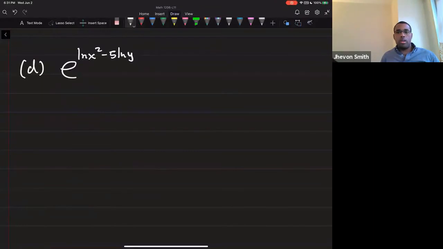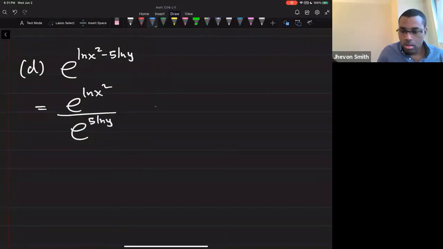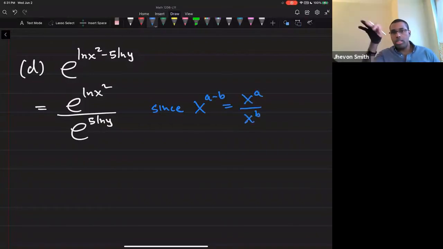Well, let's see. Lots of ways you can do this. You could do this. Since we know that something to something minus something is just that, that was a law of exponents. Because there's a negative in the power, I can move them down.